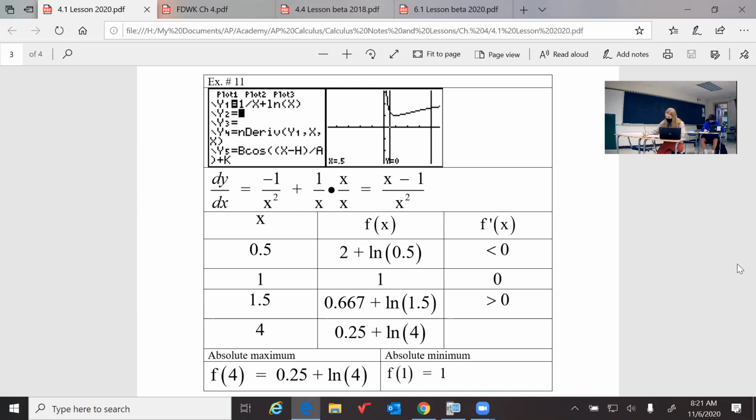So what happens? 1 makes the derivative 0 because 1 makes the numerator 0. What makes the graph undefined? What makes the derivative undefined? Hello? Wait. 0. So why don't we have 0 in there?